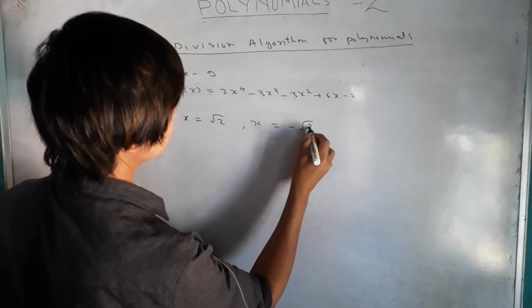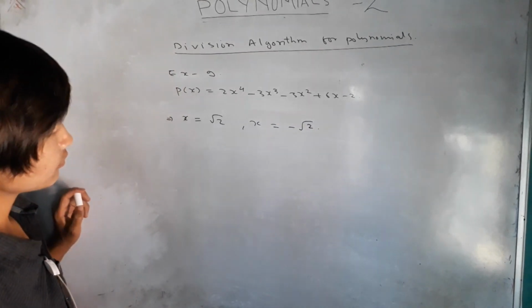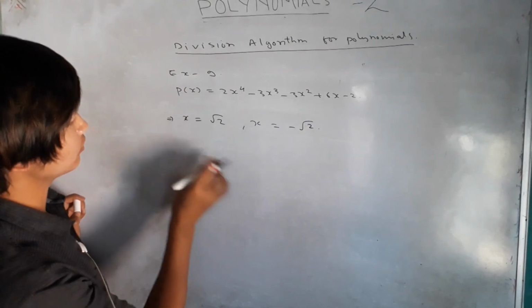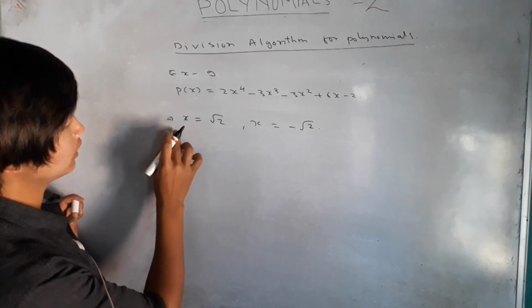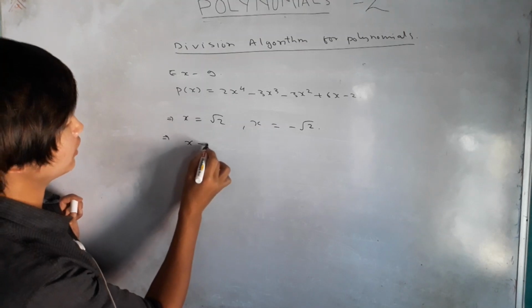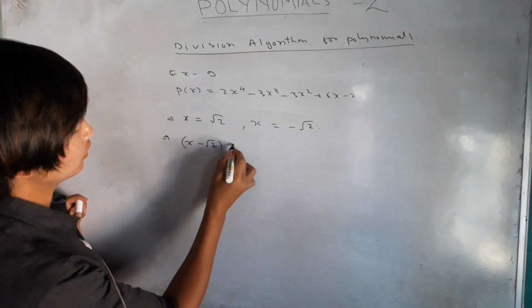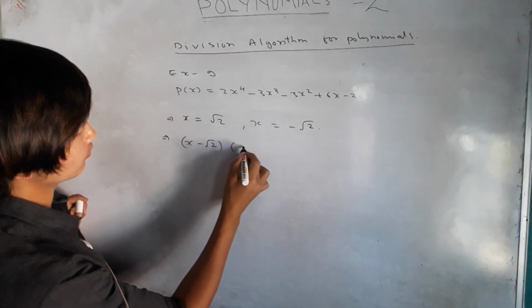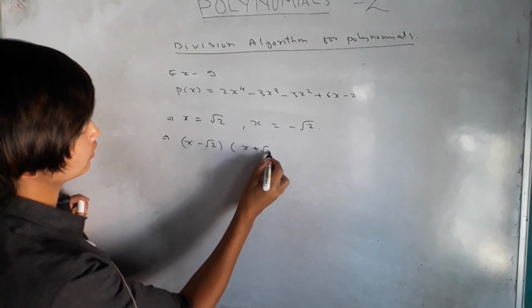So we are going in the reverse direction. We have to solve it in this way. If it comes to this side, then we get x minus root 2 and x plus root 2.